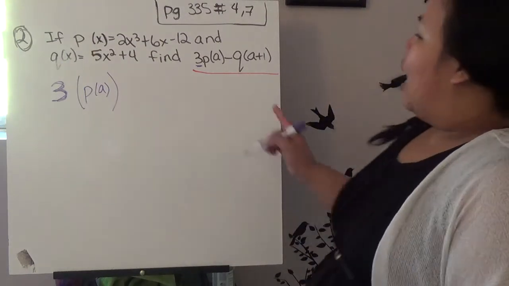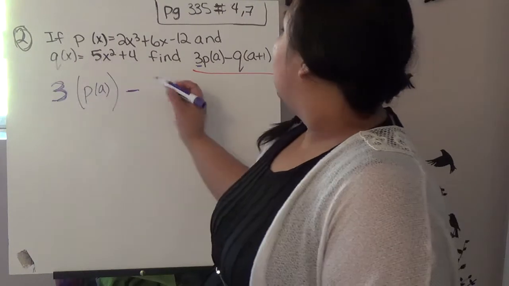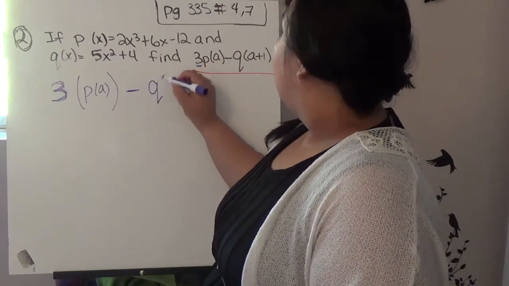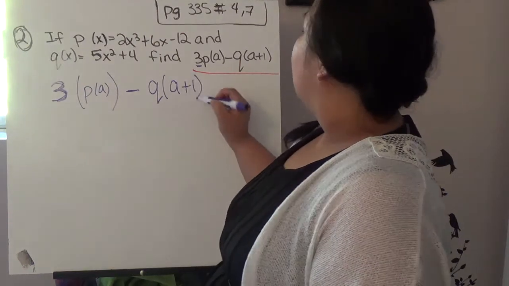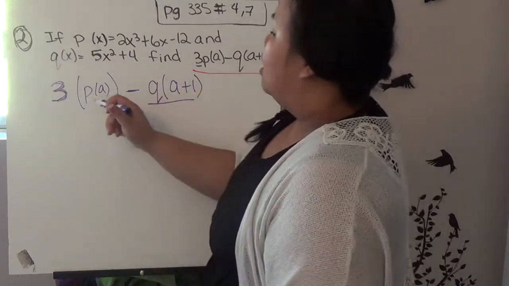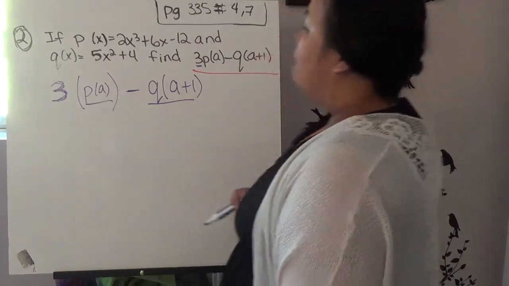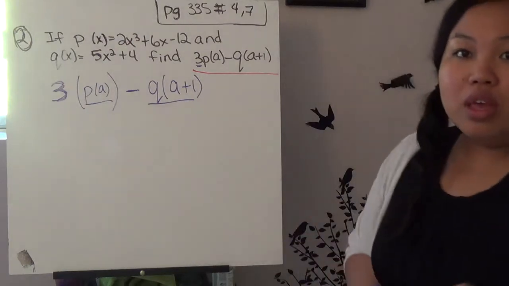And then I'm going to take q, and instead of x, I'm going to replace it with a plus 1. So you need to kind of break it down. This is an equation, and this is an equation right here. But instead of x's, I'm going to replace all the variables with a.